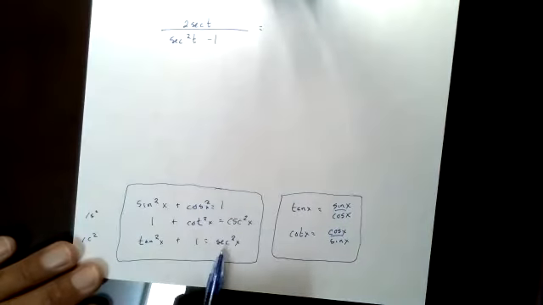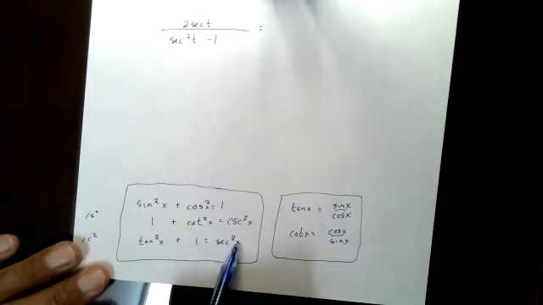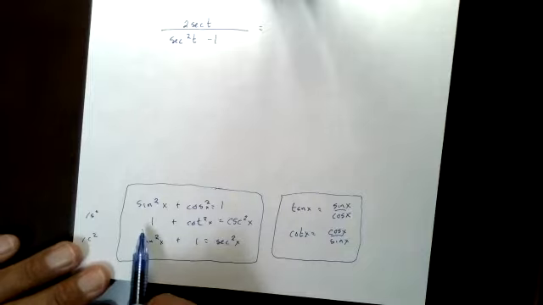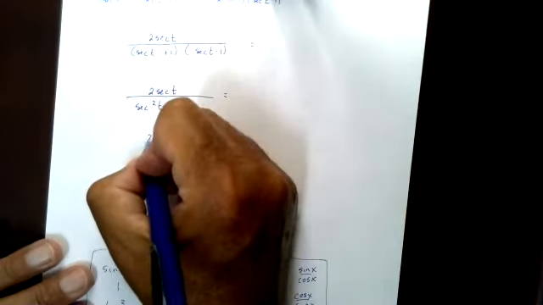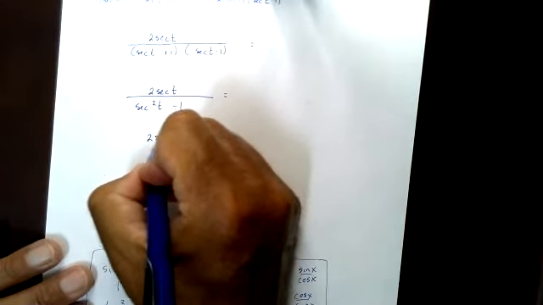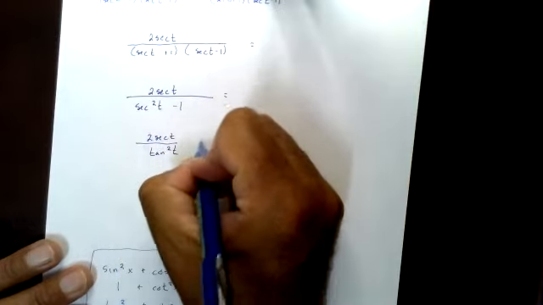Because if I look down at my identities, I have the secant of t here. If I subtract 1, secant squared of x minus 1 becomes the tangent squared. So now this denominator here becomes tangent squared. So I have 2 secant of t over tangent squared of t.